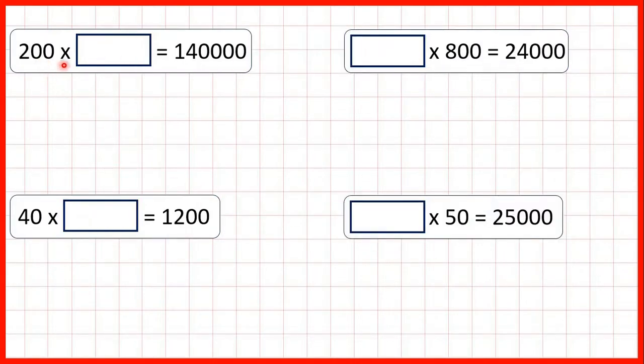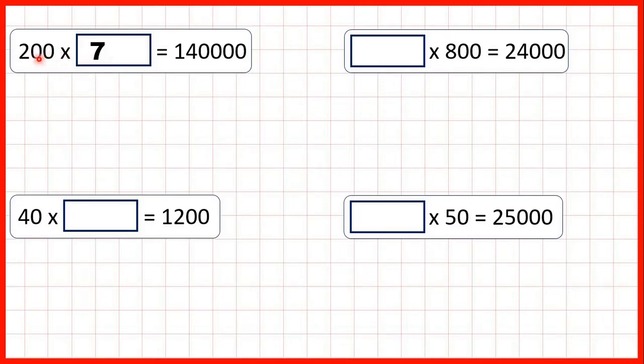Now 200 times what equals 140,000? Well, 2 times 7 is 14, but here we have a total of 1, 2, 3, 4 end zeros in our answer, so we're going to need a total of 4 end zeros in the question.